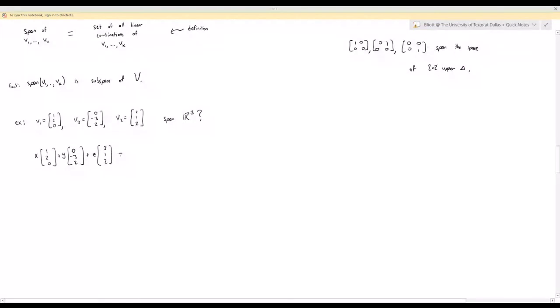And I want to see, is it possible to produce any vector in R3 using these three vectors v1, v2, v3. Because I want to check if it works for any vector, notice that I'm using letters A, B, C for the right-hand side rather than any specific numbers. And so this will give you a system of equations, and we want to see if we can solve for x, y, and z.